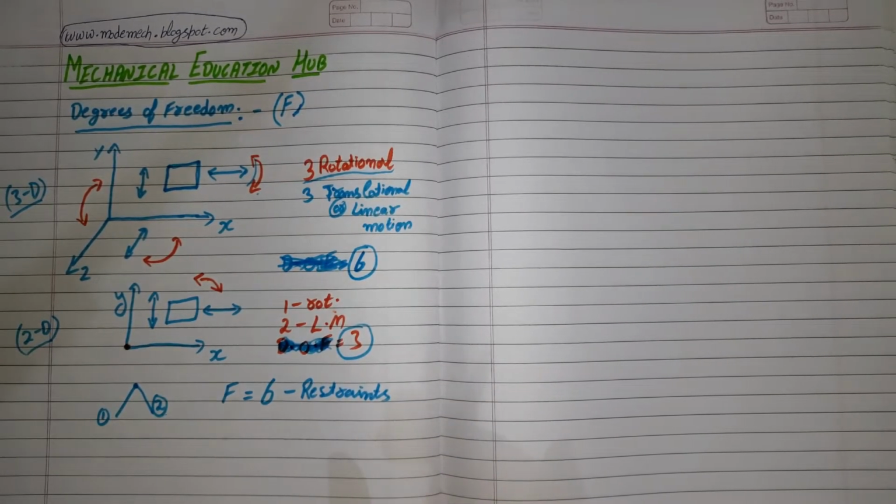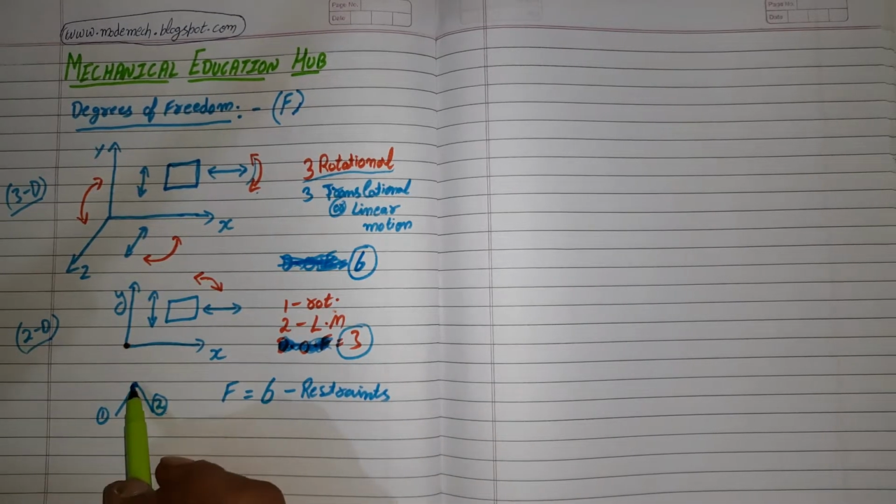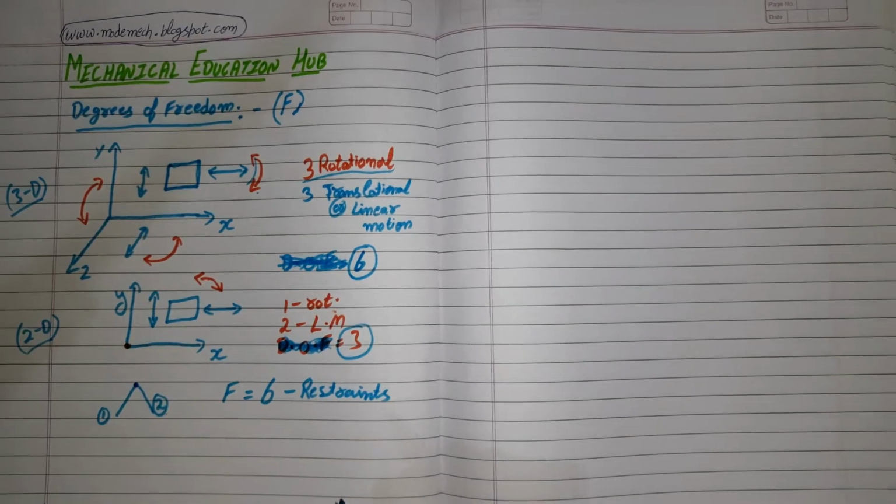Restraints are number of those motions which are not possible. Restraints are always due to joints. So for this example, or here in this turning pair, we need to calculate number of restraints.